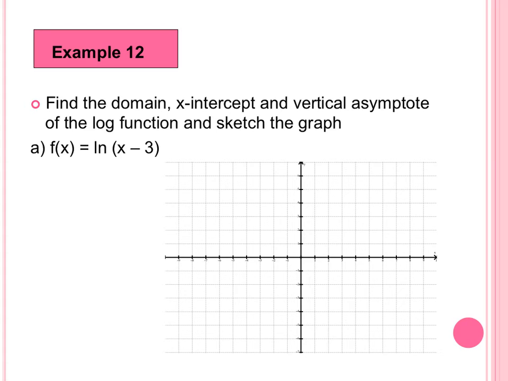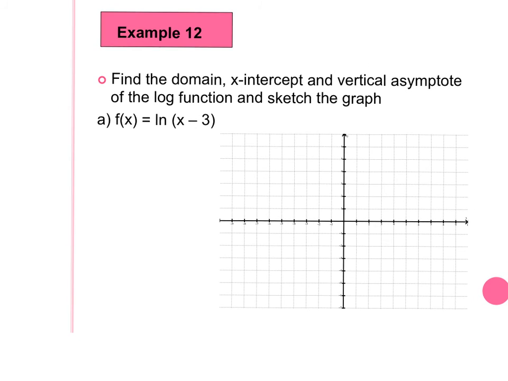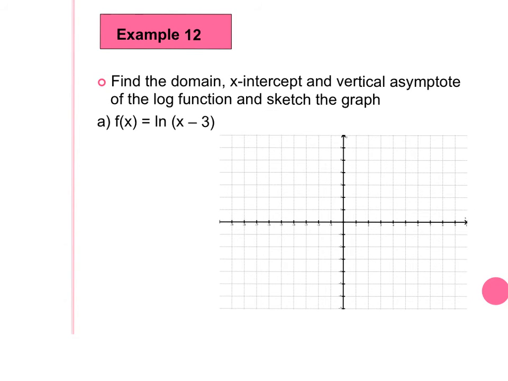All right, now you're doing find the domain, x-intercept, and vertical asymptote of the log function, and sketch the graph. So my advice is to convert this into log base e. So this is y equals log base e of x minus 3.